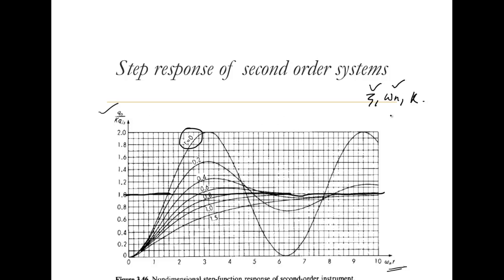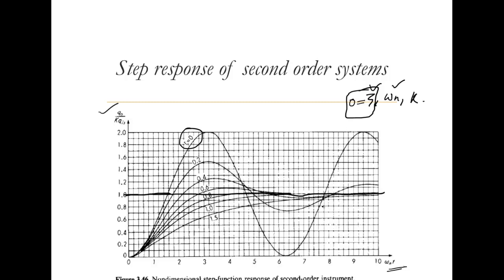Now we can see, as per the solution of the differential equation of the second order system, how it would look. If we have zeta equal to 0, which is an undamped system, there will be continuous oscillations. We won't get the correct desired output for the corresponding input.